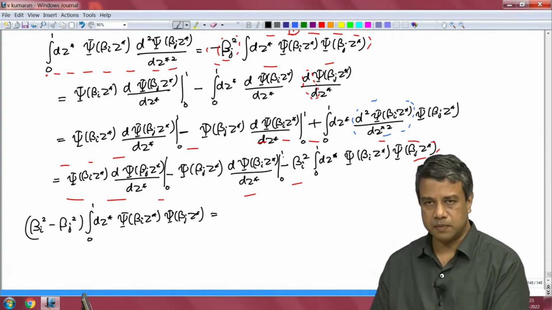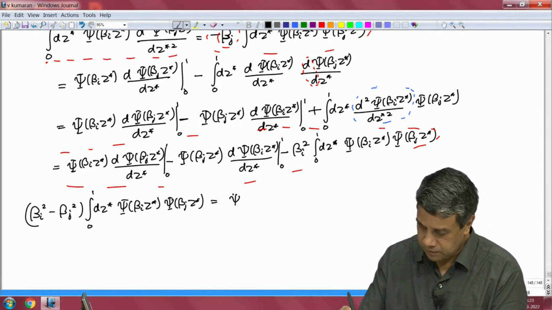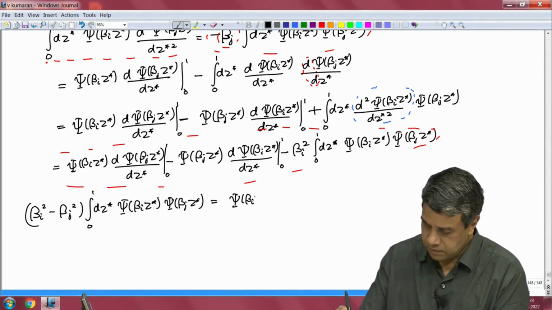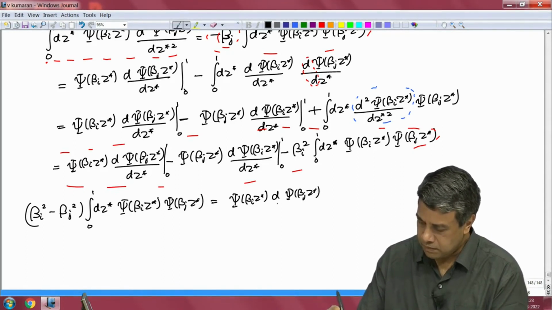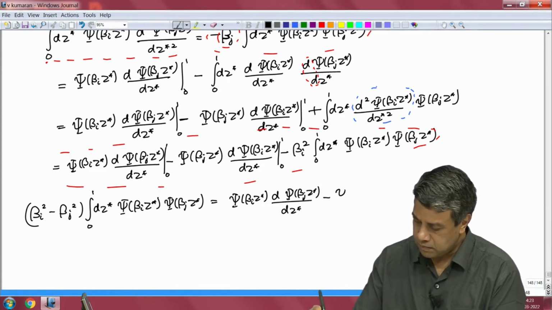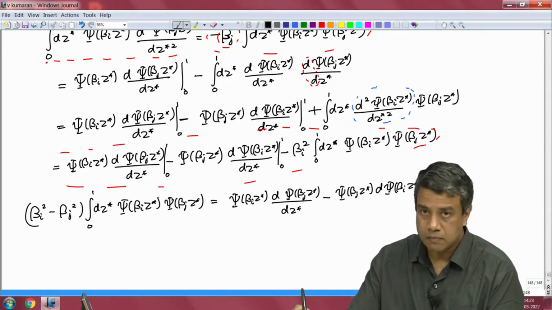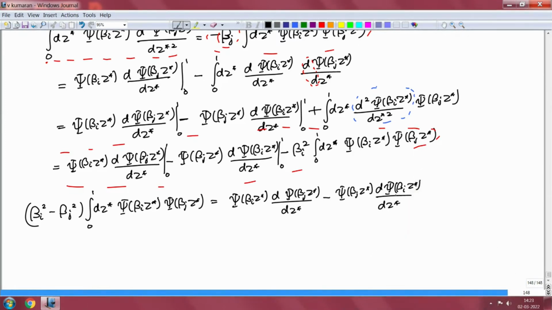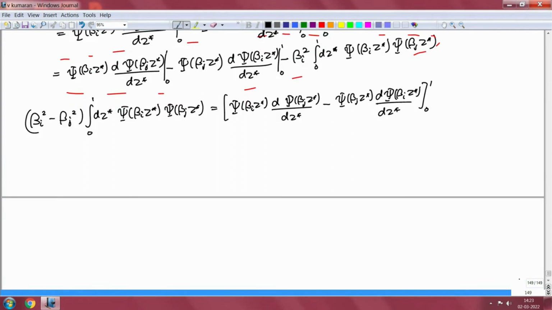I got those by integration by parts, so they have to be evaluated at the two limits, is equal to this whole thing evaluated at the two limits 0 and 1.